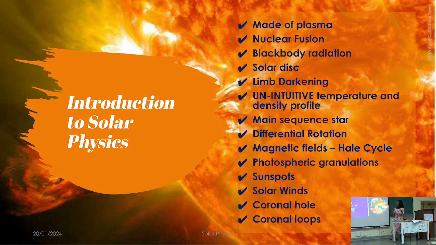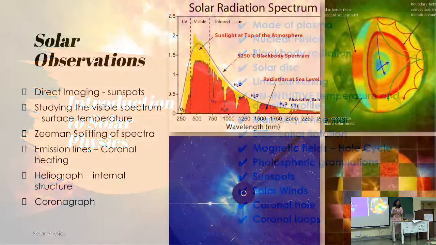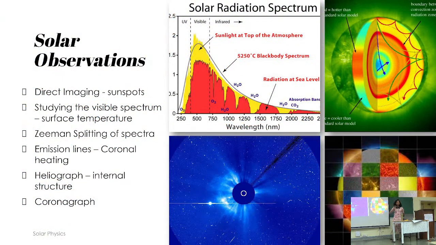As I was talking about the black body curve, we assume in a sense that the sun is a black body. That is, it emits radiation of all wavelengths in some particular intensity. And now when we fit it to the ideal black body curve, we find that it is about 5,000 or 6,000 Kelvin.